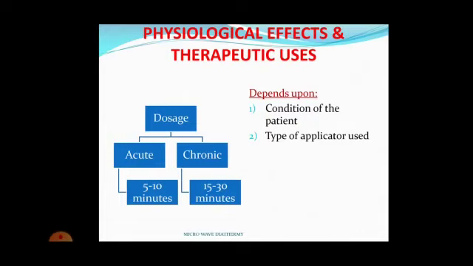It also depends on the type of applicator used, because a few applicators concentrate more heat over a particular localized area. So you need to reduce the treatment time, because otherwise prolonged exposure to this higher intensity may lead to burns also. So here we have to be wise. We have to see the patient's condition, whether it is acute or chronic.